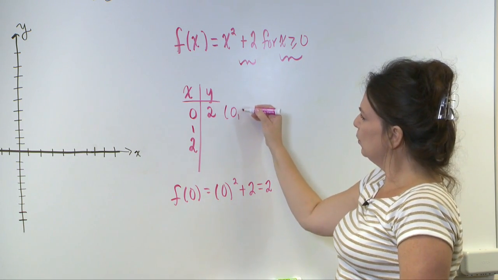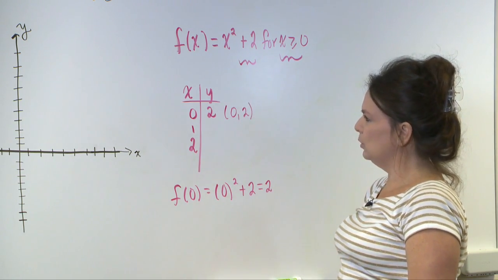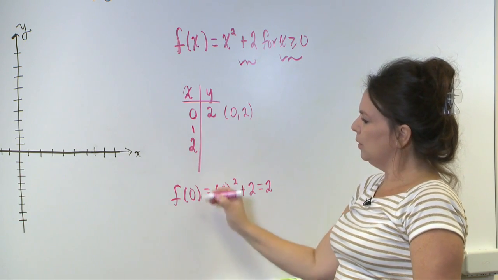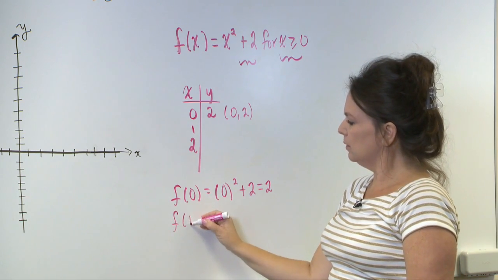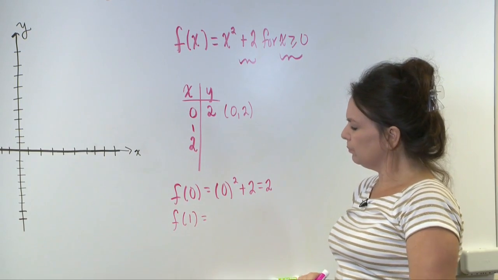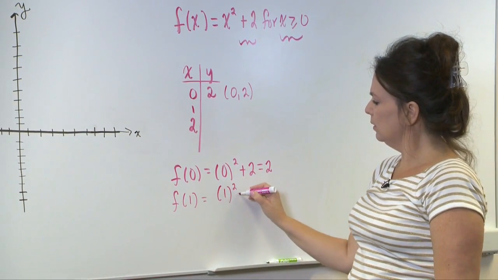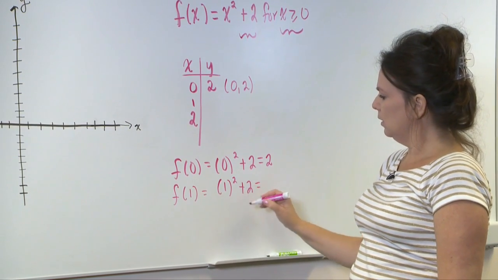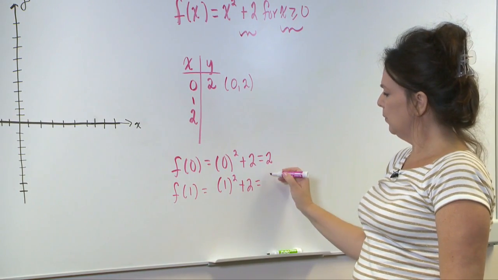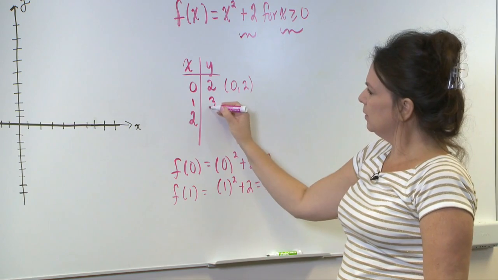So here's our first ordered pair, 0, 2. Next, I'll plug in a value of 1 for x, and I have 1 squared plus 2, and 1 squared is 1 plus 2, which gives us 3.